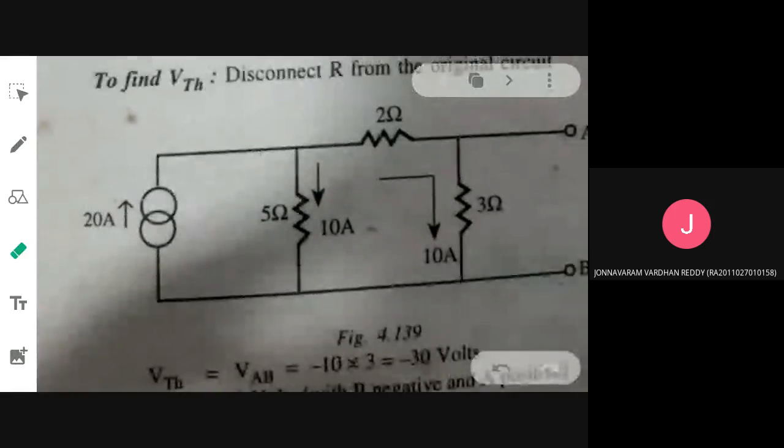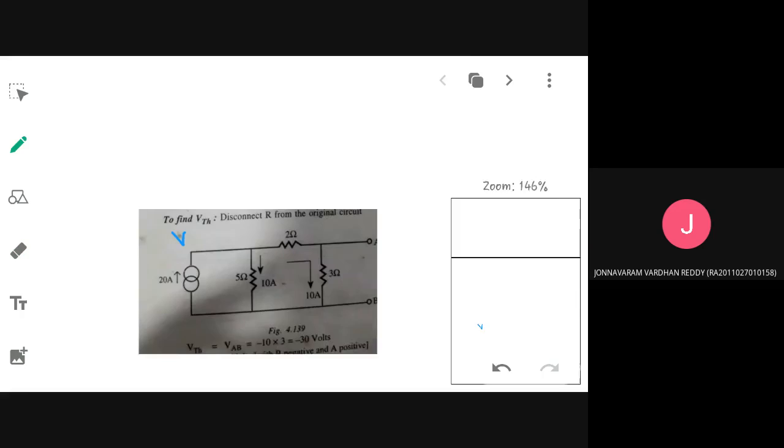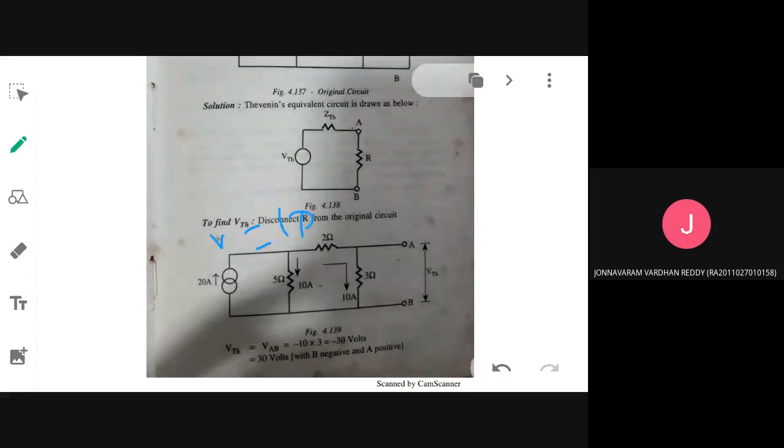You said resistance 5, current 10, ma'am. That will be 100 volt, no? V is equal to IR is the formula. Yes, ma'am. So current is 20 and the resistance is 5, so it will be 100 volt representation. So if you are redrawing the circuit, what will be the circuit that will be having now?